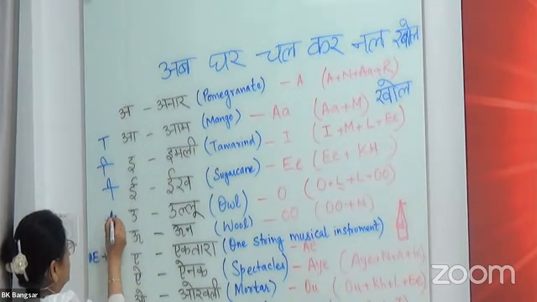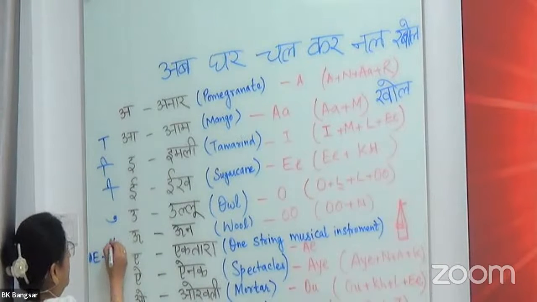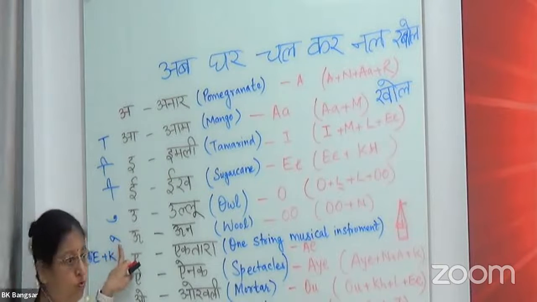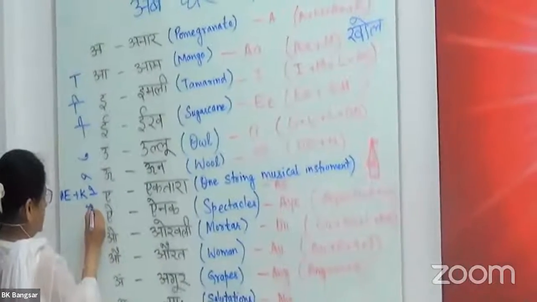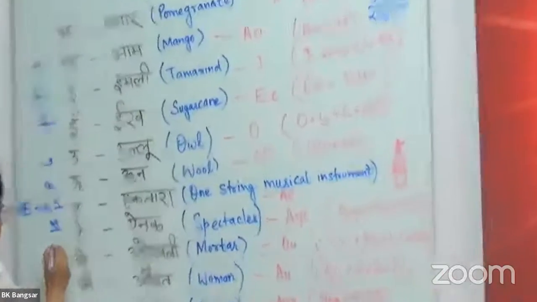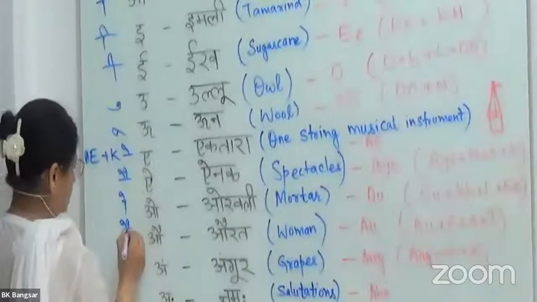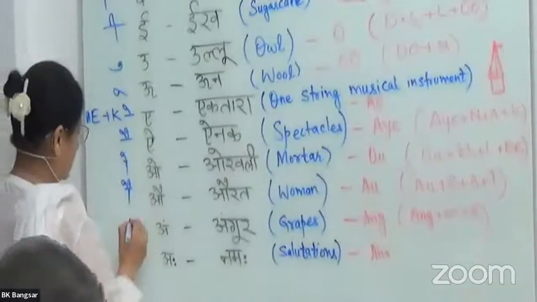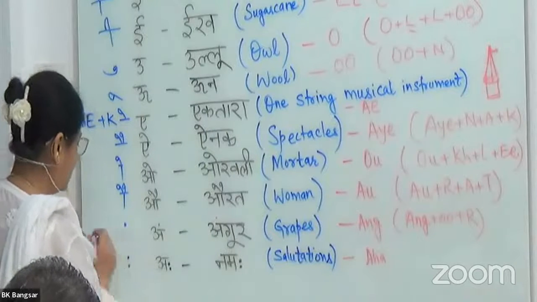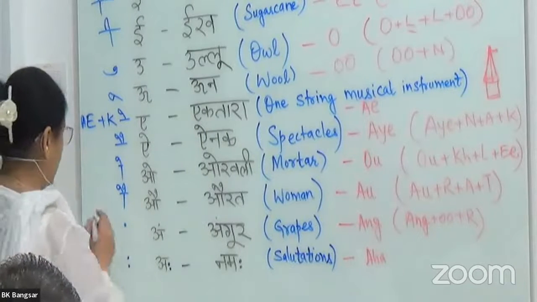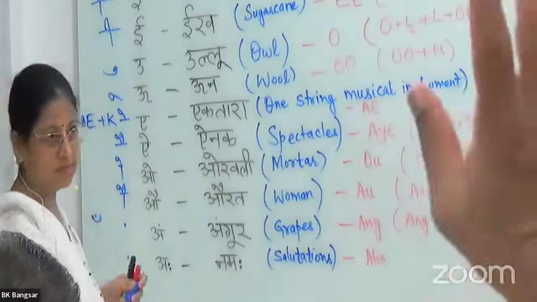The U is represented as this in writing. This is U. This is A. This is A. This is O. This is Au. This is Ang. And is represented as this. So either it will be Ang or it will be Chandra Bindu. Sometimes like Hasi, I just put, right? It is something like this.